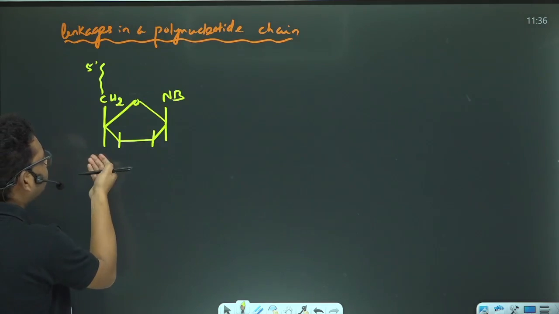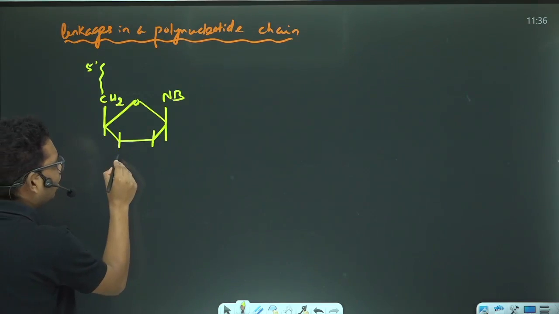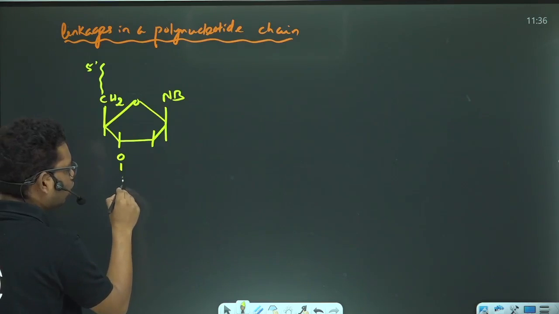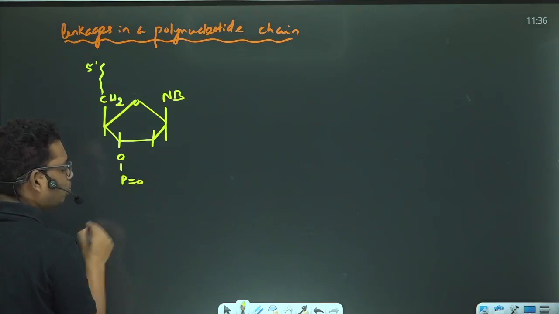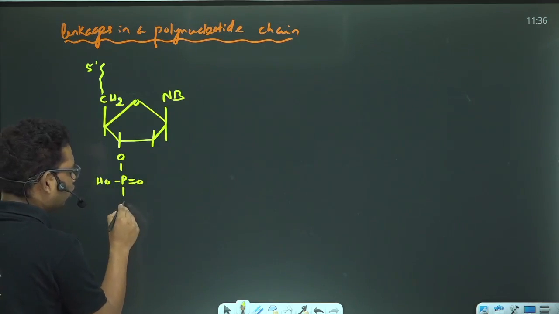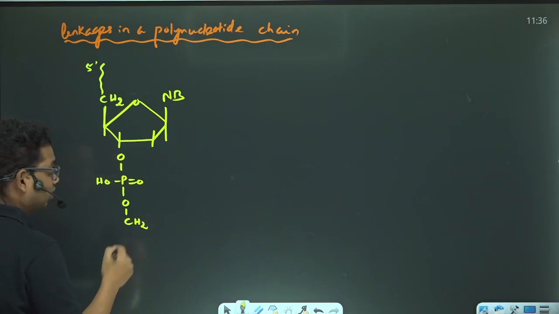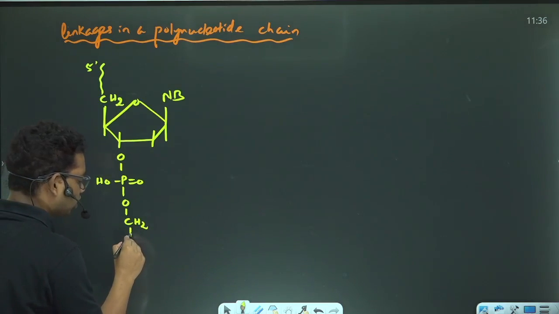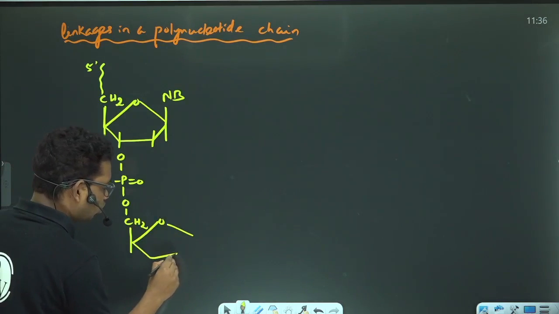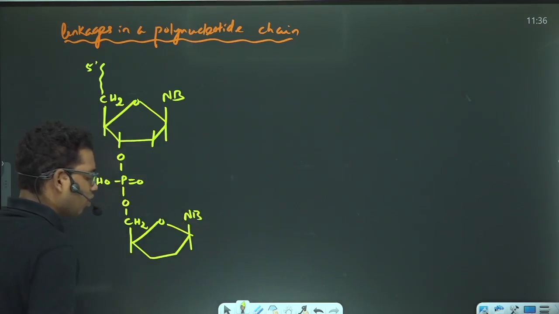And here I will have hydrogen. This 3 prime carbon is associated with oxygen, and here I will have phosphorus, P double bond O, and here an OH group. And here I will have oxygen, and CH2 of the other sugar, and here the sugar with its nitrogenous base.